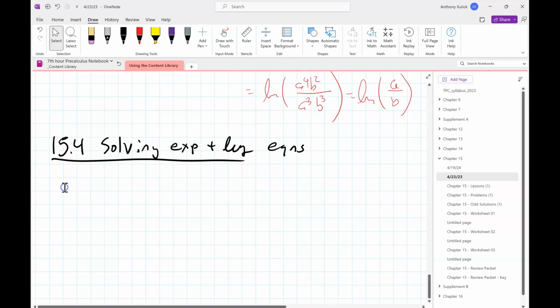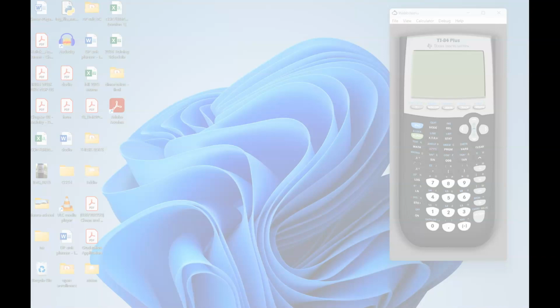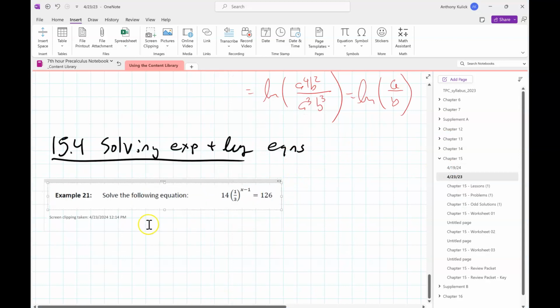To do this, we're not going to be using any new ideas. We're just going to be recycling the same ideas we've used before. So we're just going to be using our normal reverse order of operation solving algorithm, along with this idea that exponents cancel logarithms and logarithms cancel exponents.